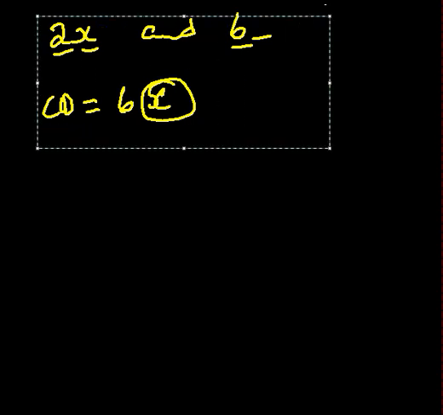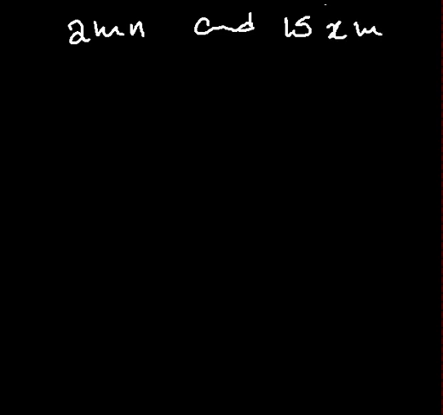Let's say we have something like this: 2mn versus 15m n squared. How do you think we should get the common denominator here? We have the numbers 2 and 15. The first thing is to consider the common denominator for those numbers.